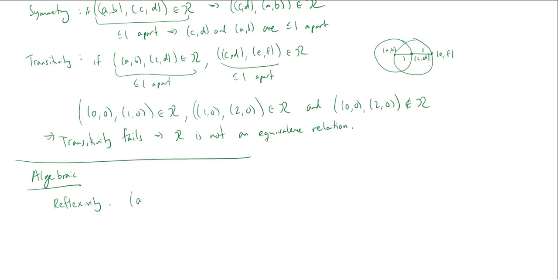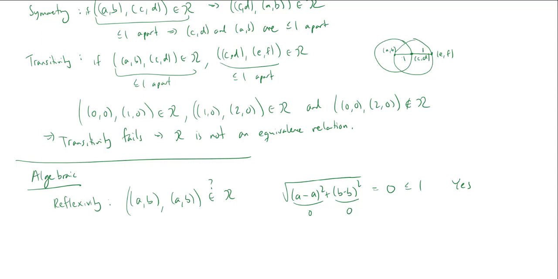And we said, okay, we're going to look at AB and AB, and we want to ask, is this in R? And so I would now have to check (A minus A) squared plus (B minus B) squared, and then square root that, and say, well, this is 0, and this is 0. Square root of 0 is 0, and that's less than or equal to 1. And so the answer is yes.